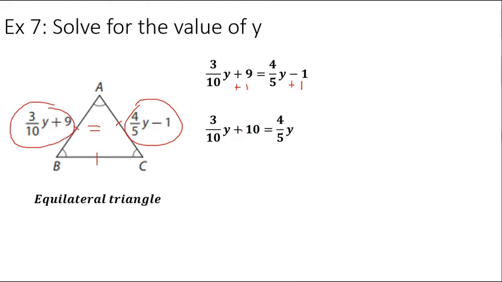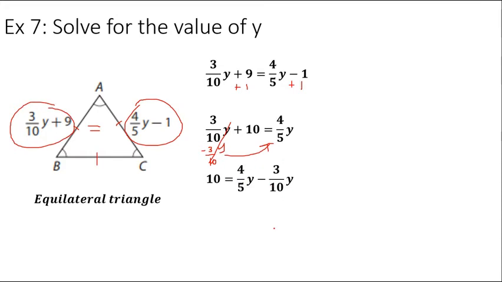Next I'm going to leave this 10 by itself, but subtract 3 over 10y from both sides. So this eliminates here, and I move it over here. So I end up getting 10 equals 4 over 5y minus 3 over 10y. Just keep them, write them down like that.